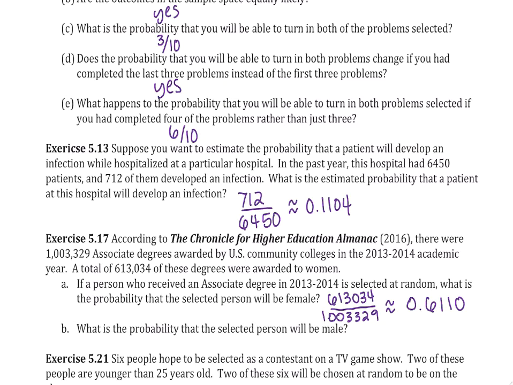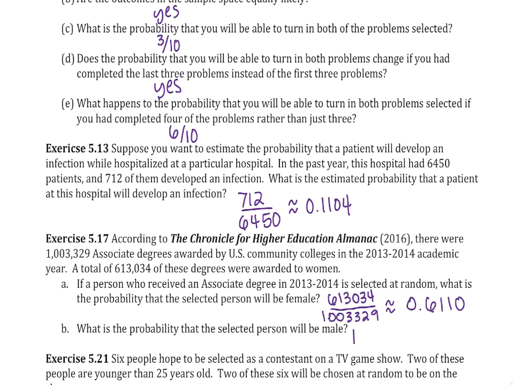What's the probability that the selected person will be male? Now, for the purpose of this problem, we're going to assume that the only choices here were male and female, but that's not necessarily a given. So we want to consider that before we look at how we would calculate this. But if everybody was given either male or female for this data set, then male would be the opposite of female, and we could use the complement.